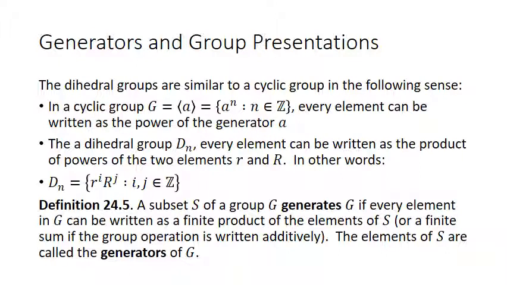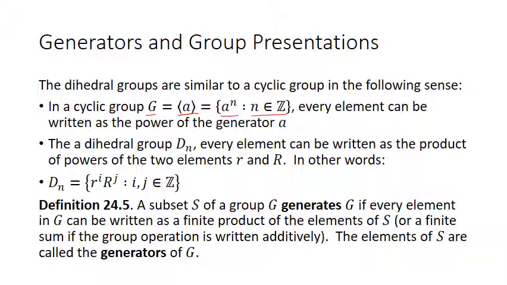The last topic of this investigation is generators and group presentations, and I'm just going to tell you a definition and we'll leave it at that, and then we'll talk about group presentations next time. You might have noticed that the dihedral groups are similar to a cyclic group in the following sense. In a cyclic group, if we have G being the cyclic group generated by A, that means that G equals A to the n for all integer powers n.